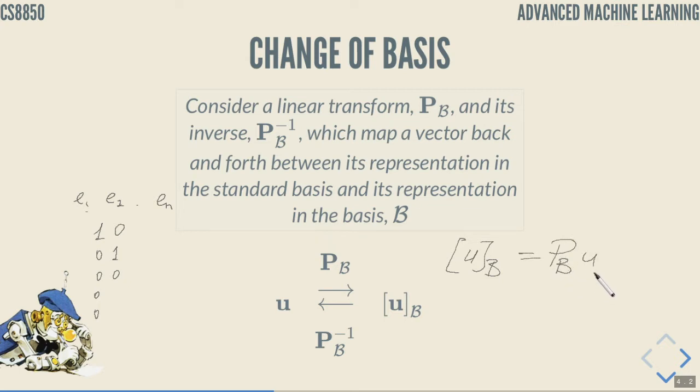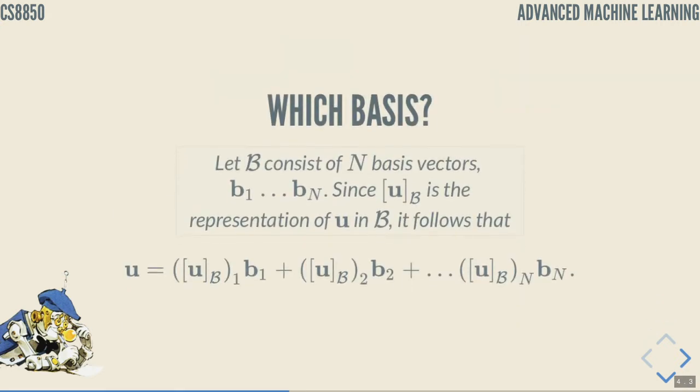Just to put this diagram in writing, and the inverse is this. Okay, that should be clear. But which basis? Let B consist of n basis vectors, B1 through Bn.